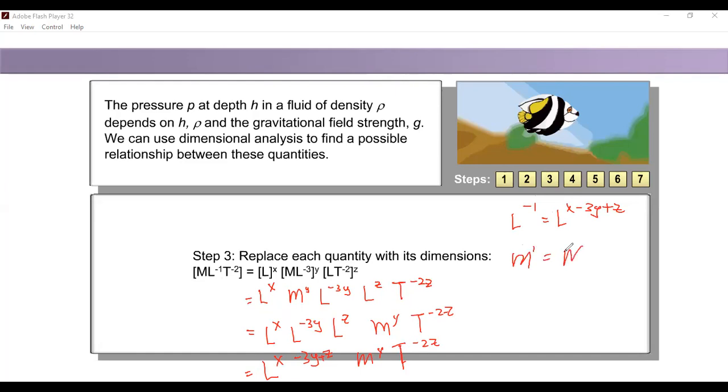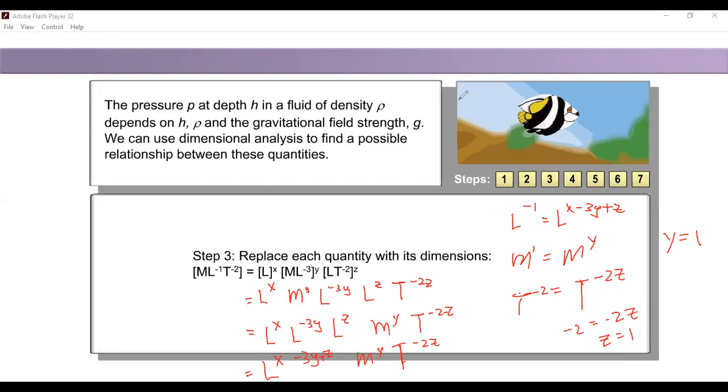This side M is Y. And the right side T is T negative 2Z, and the left side T is equal to negative 2. Then we solve it. That means next we notice that Y equal to 1, right? Negative 2 equal to negative 2Z. Z will be equal to 1 as well, correct or not?